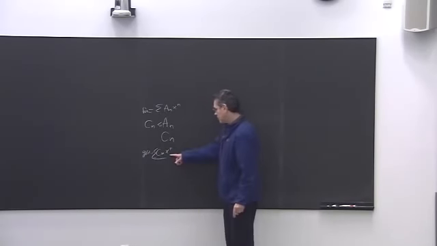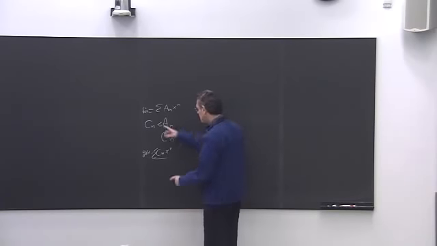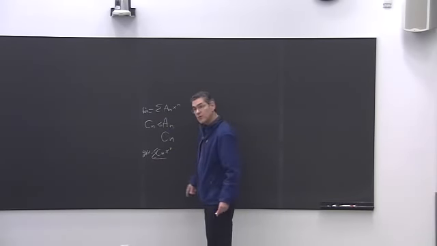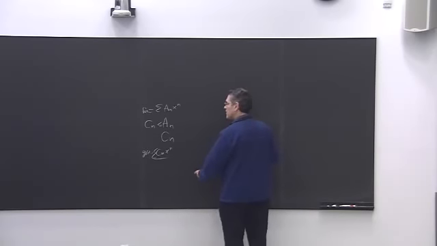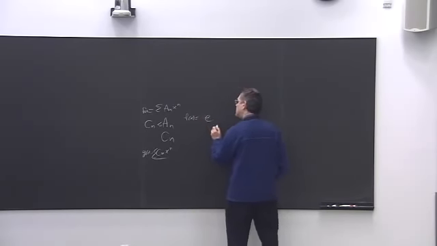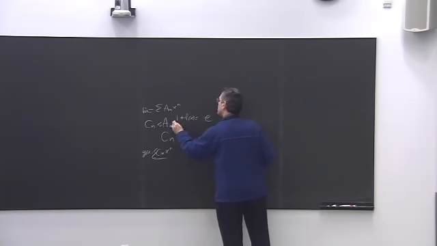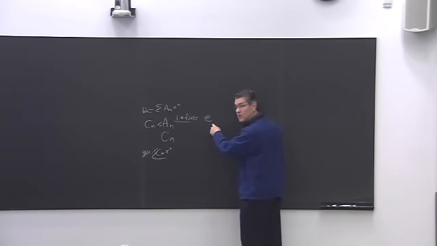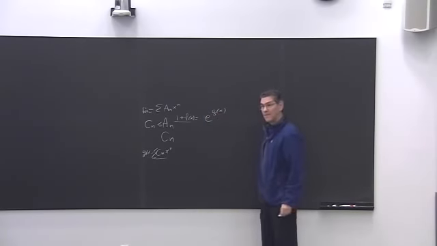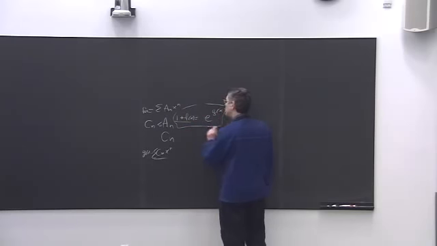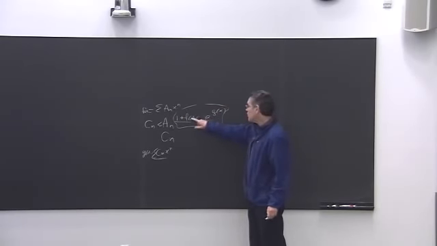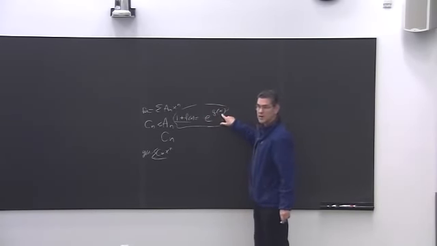Then the relation between f and g is very interesting. It turns out that 1 plus the sum of all graphs is the exponential of the sum of connected graphs. This is a precise statement relating the number of all graphs to the number of connected graphs.